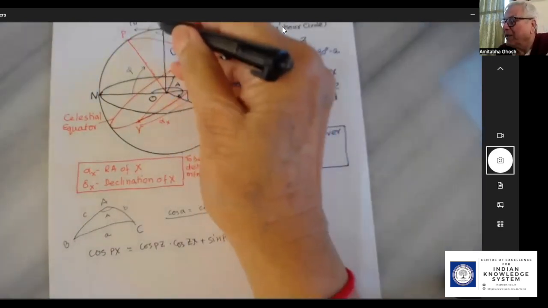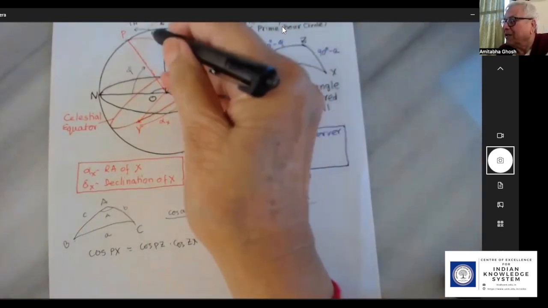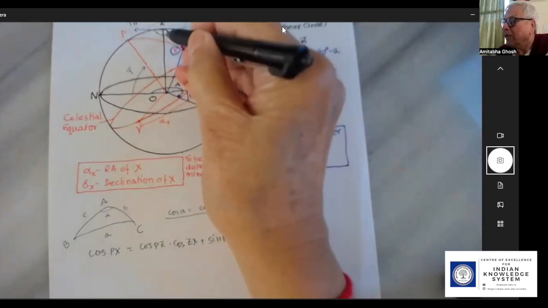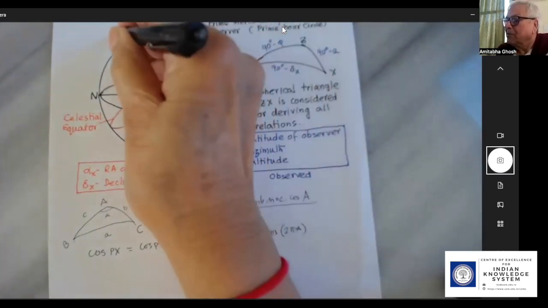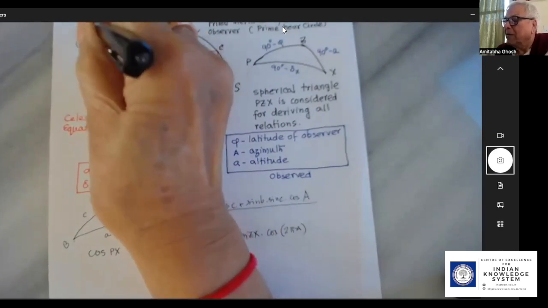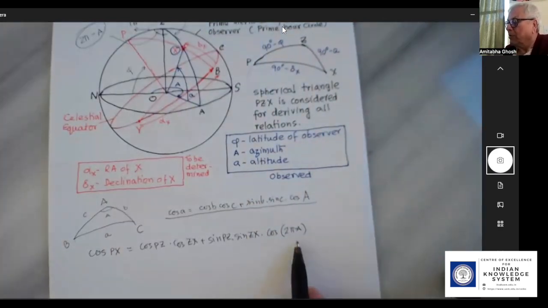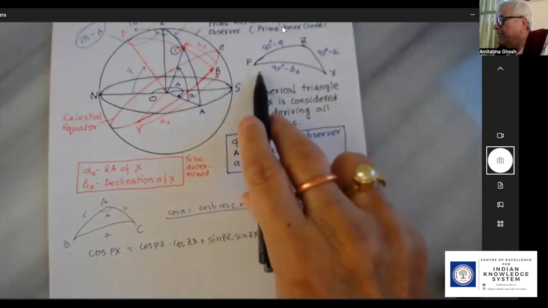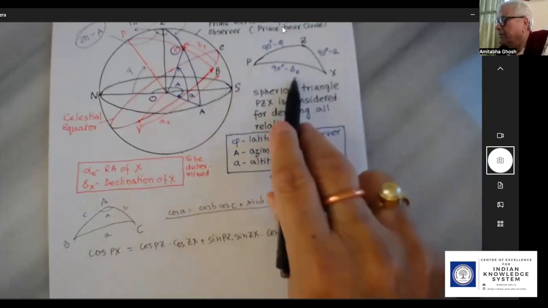Is it okay? This is 2 pi, 360 degree, and you are subtracting the azimuth A angle, so you get this angle. So this angle is equal to 2 pi minus A. So that's what you're looking at here. Now, how much is cosine Px? Px is 90 degree minus delta x.